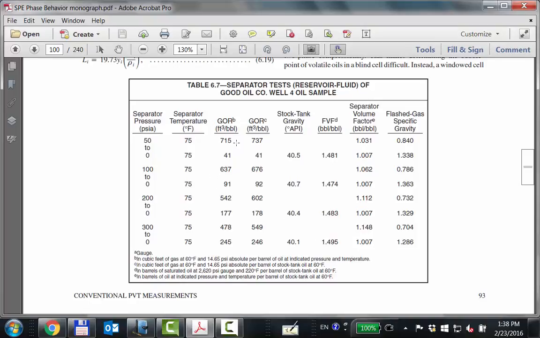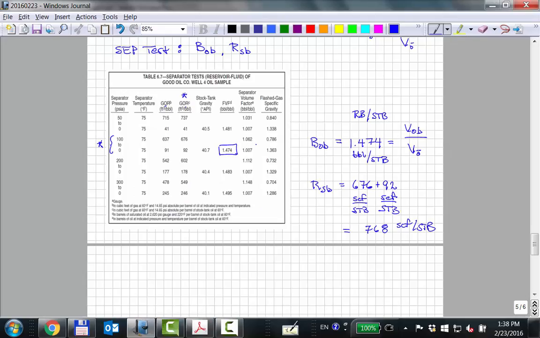So this is per barrel at 50 psi. This 737 is standard cubic feet per stock tank barrel.